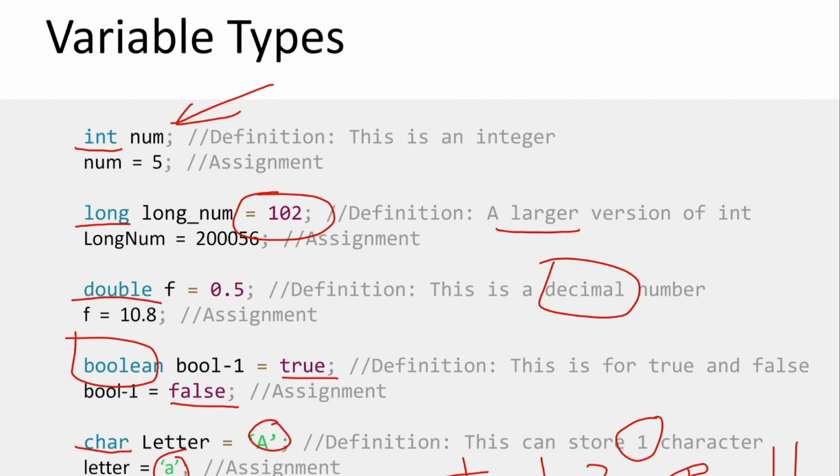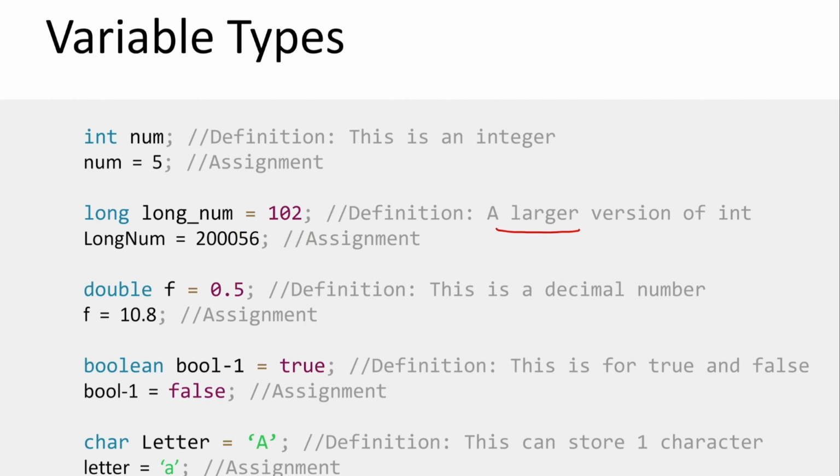So, let's go through all of the lines of this slide. Remember, each variable has a name, a type, and a value. But remember, they do not have to be specified when you define the thing.